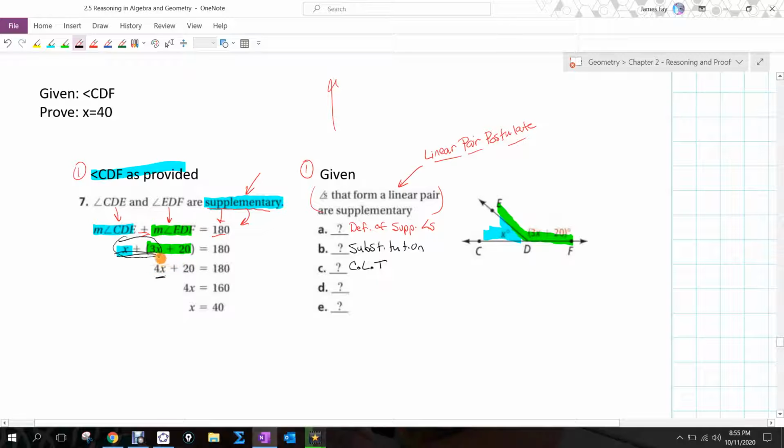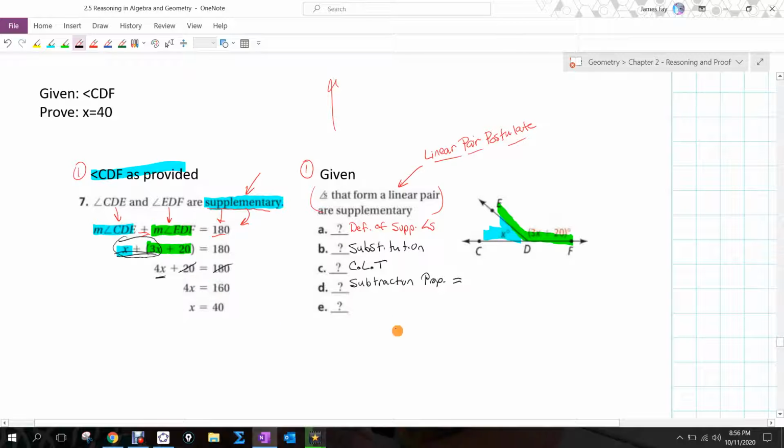Now what we're going to try to do is isolate the 4x. So they take and get rid of this 20 on both sides. So it leaves you 4x equals 160. Well, if I get rid of something from both sides, that's the subtraction property of equality. And now here, we get 4x equals 160.